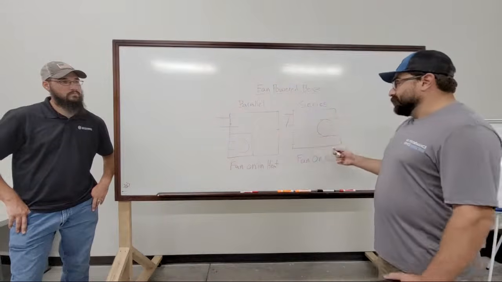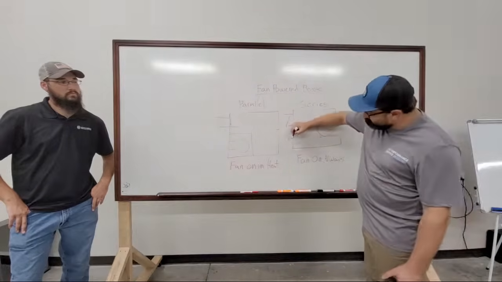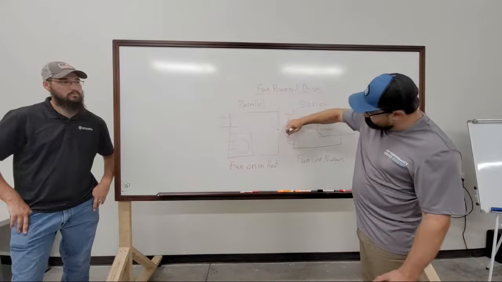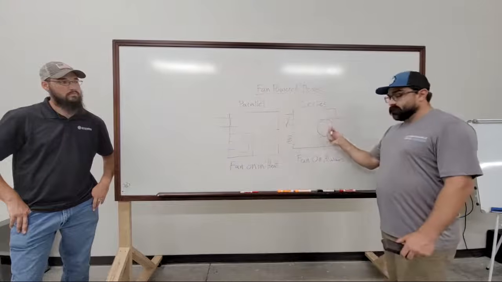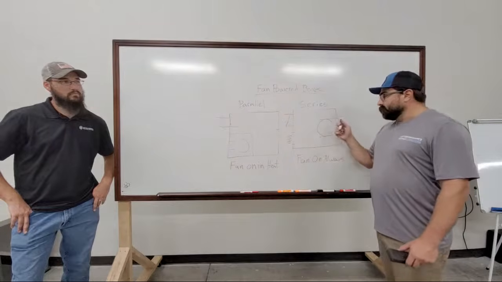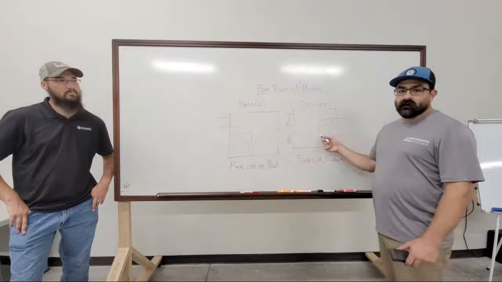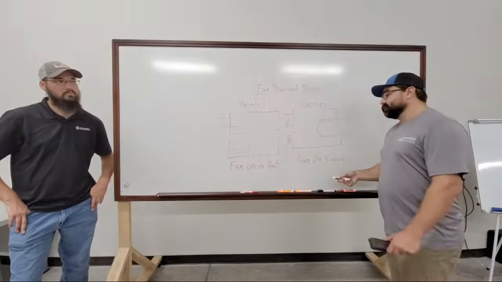Series boxes do not have that. So if you walk up to a series box and you have air blowing out of the side pocket or return of the box, that means one of two things. Either this fan is off completely, not running, or it's turning too slow and the damper's providing too much air, and the excess is blowing out of the side of the box into the return.